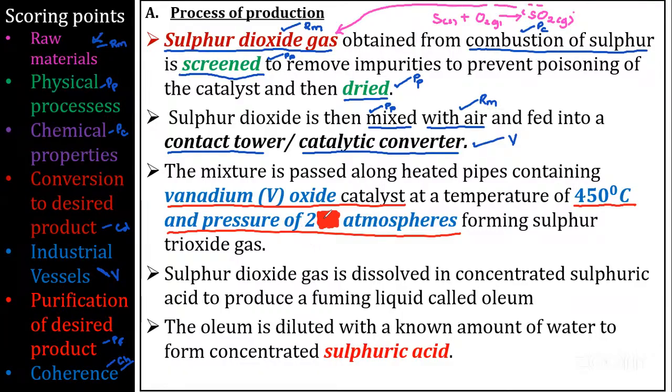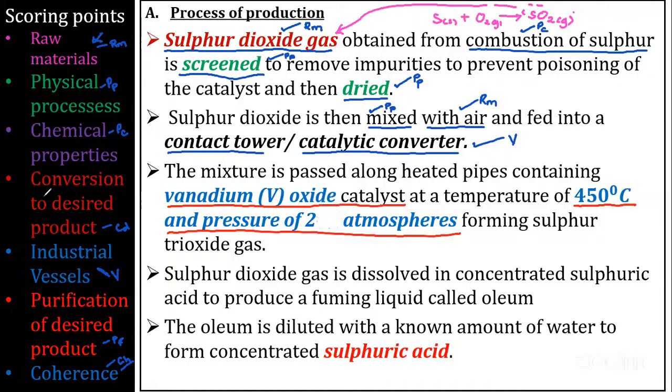So let us also maintain the 2 atmospheres because it's what has been requested. It is what is most common in O-level books. So we are taking it to be at a pressure of 2 atmospheres.